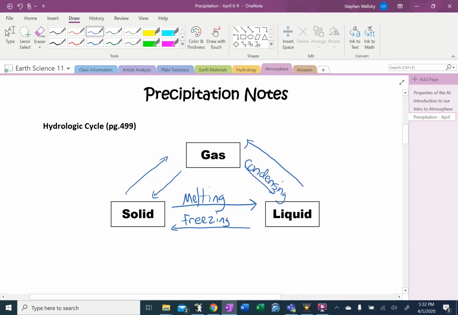And going from a liquid to a gas, this could be one of two things. It could be evaporation. Now, evaporation can happen at any temperature that's below the boiling point.